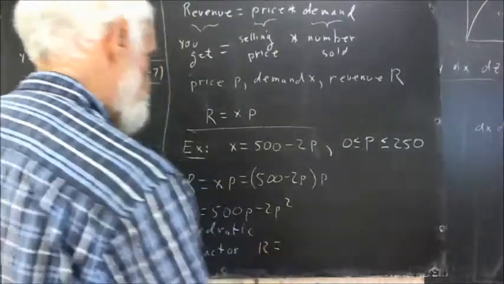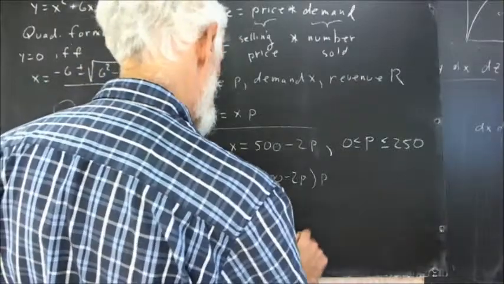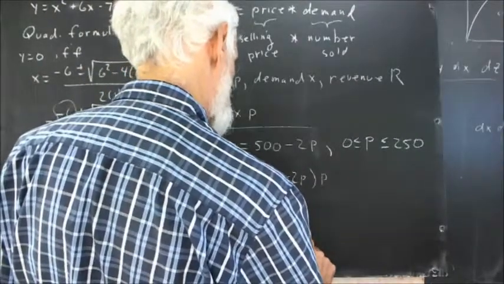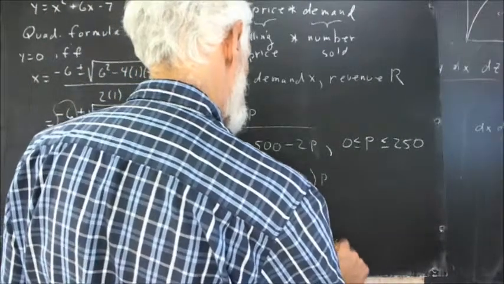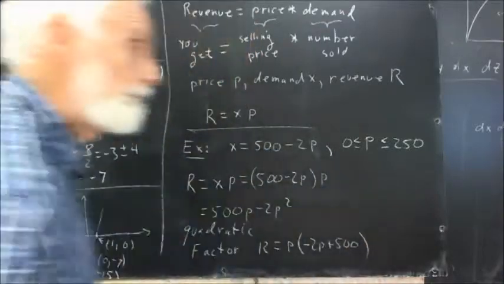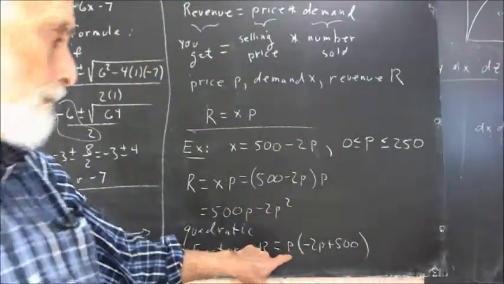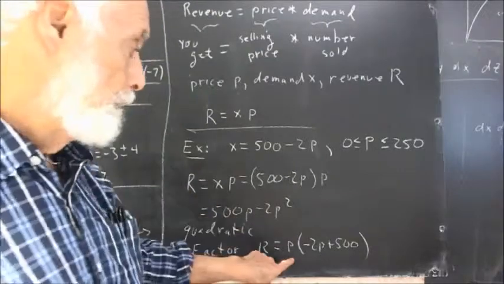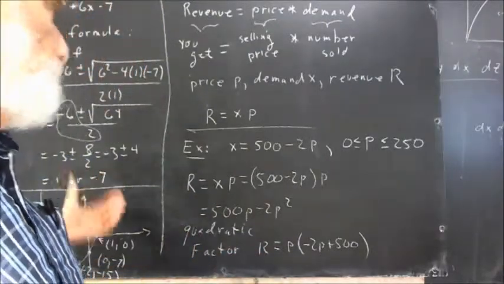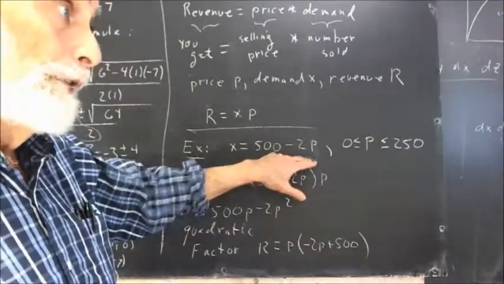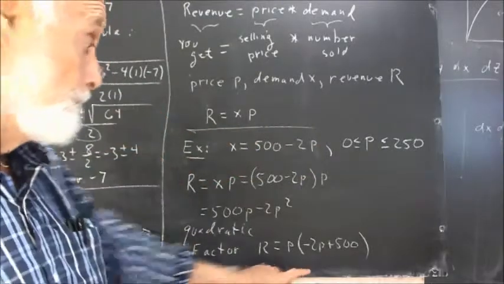You get R equals P times negative 2P plus 500. Zero property says that you're going to get 0 revenue if P equals 0, which is obvious. If you don't sell it, if you sell it for nothing, you're going to get nothing.